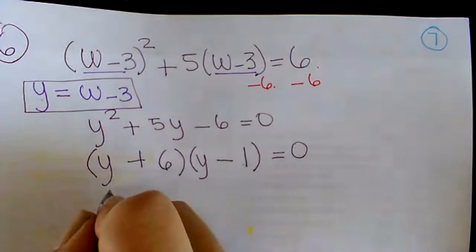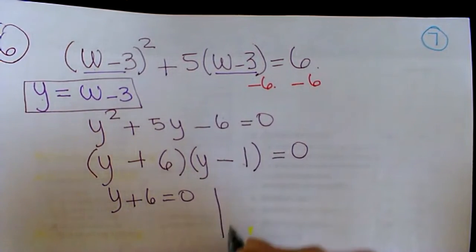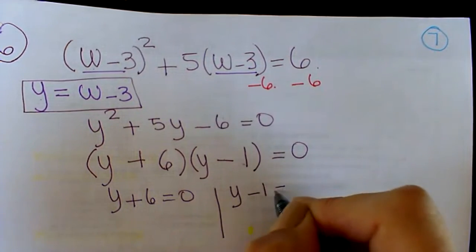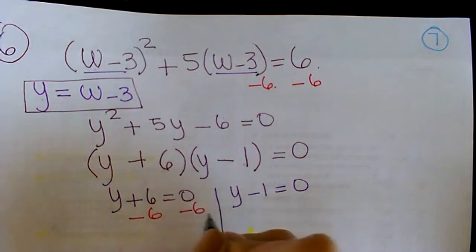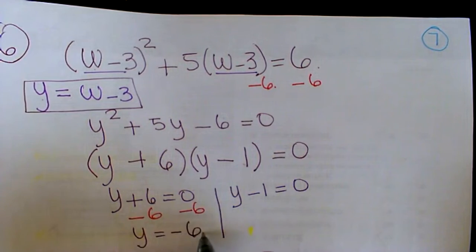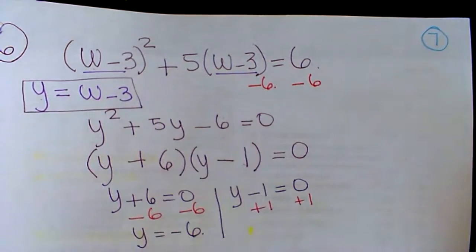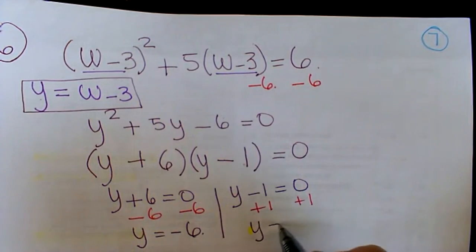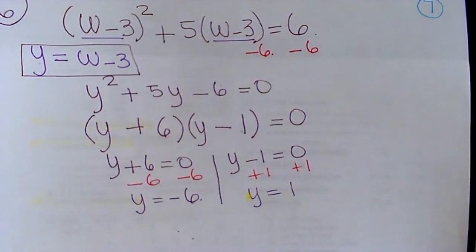So now what do I do? y plus 6 is equal to 0 and y minus 1 is equal to 0. So I'm going to subtract 6 on both sides. I get y equals negative 6, and here I'm going to get y equals 1. So I need to substitute back again, or like I said, unsubstitute. I don't think that's a word, but it's like substituting back.